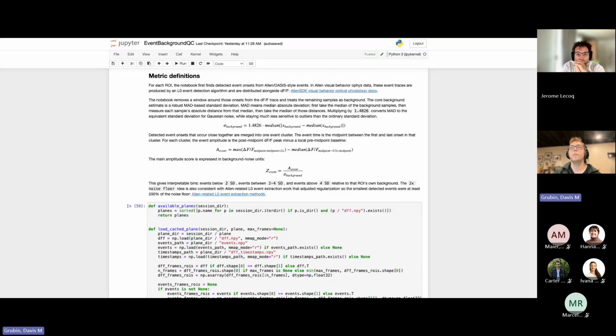Yeah, so picking off from our last meeting, we had talked about some different signal to noise measures and trying to split those up into different things to get better clusters of good traces.